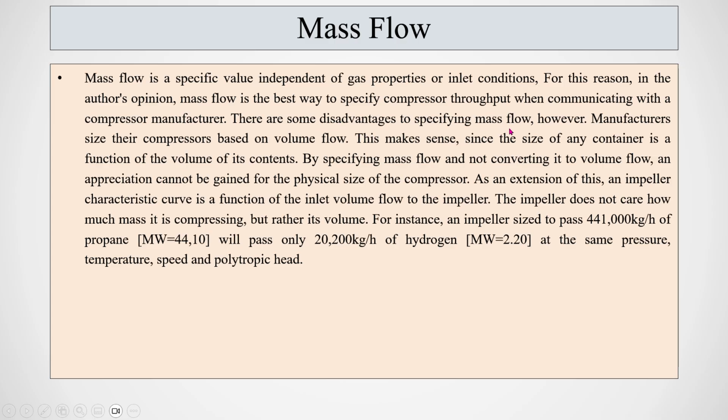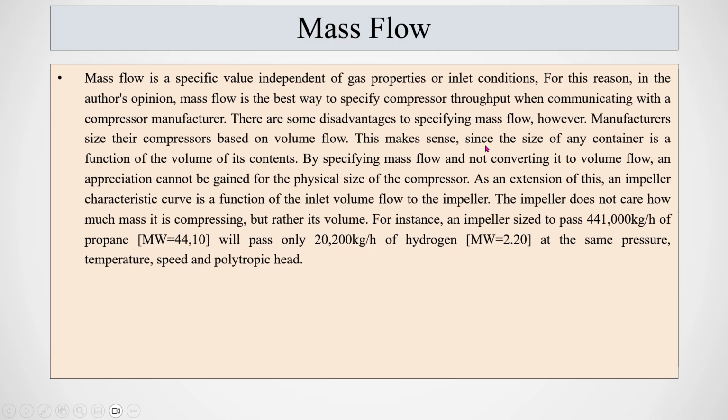There are some disadvantages also, because if you specify only mass flow, tons per hour or kg per hour, the manufacturer sizes the compressor based on the volume flow, not on the mass flow. So this makes sense. Why?